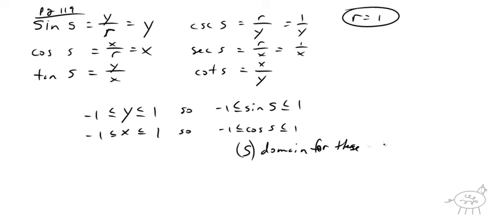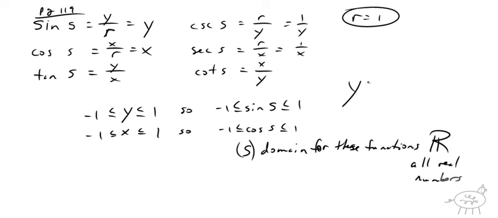Your input actually can be all real numbers. That's the symbol for all real numbers. Okay, that's the domain. And of course the range is between negative 1 and 1.